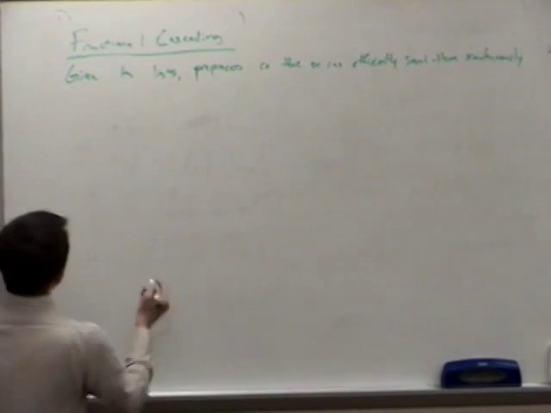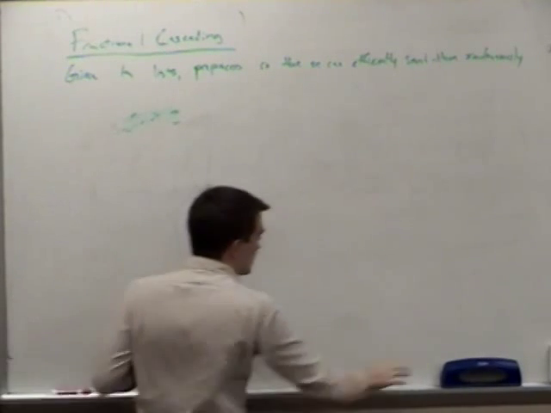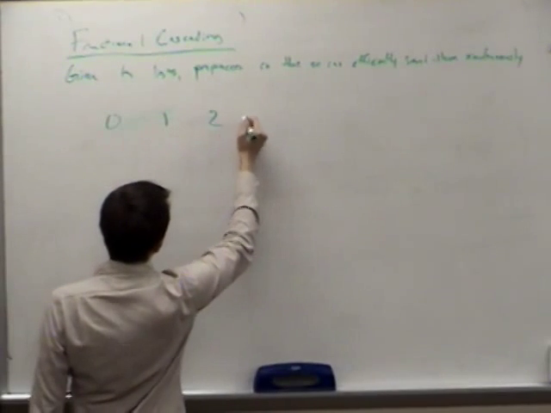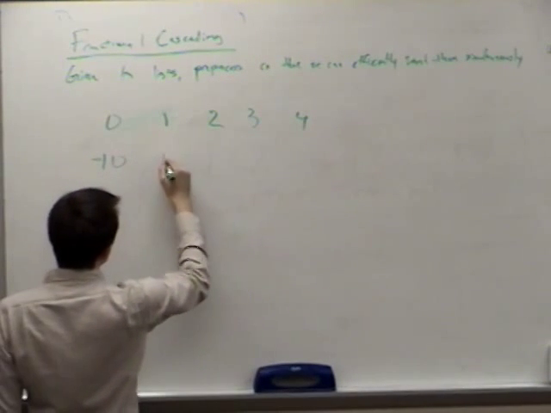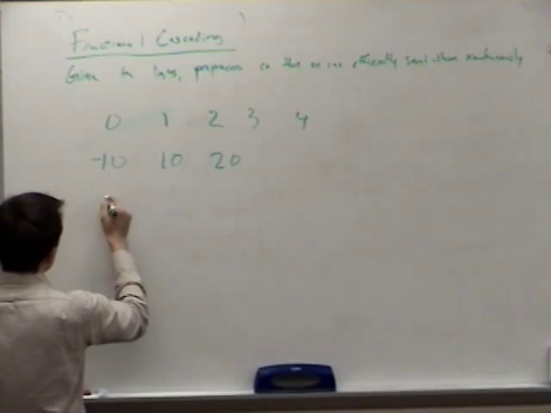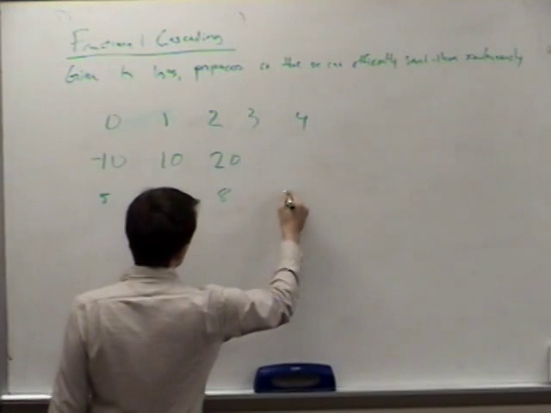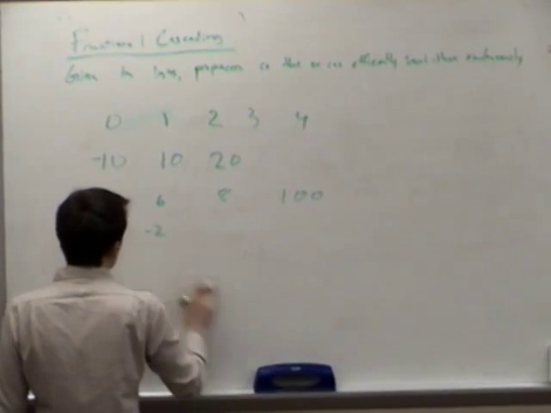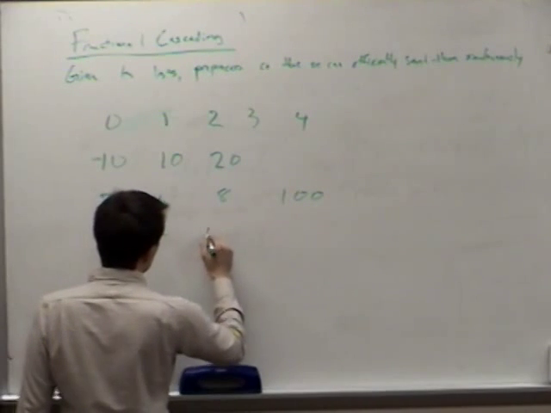So to get things started, we'll draw a couple of lists here as an example. Actually, I'm going to want to leave some space between these numbers. Maybe -10, 10, 20. Maybe that one only has 3 values in it. 5, 6, 8, 100, -1, or right, -2 becomes 3, 0.